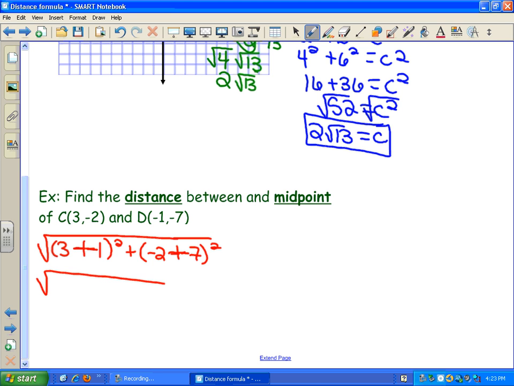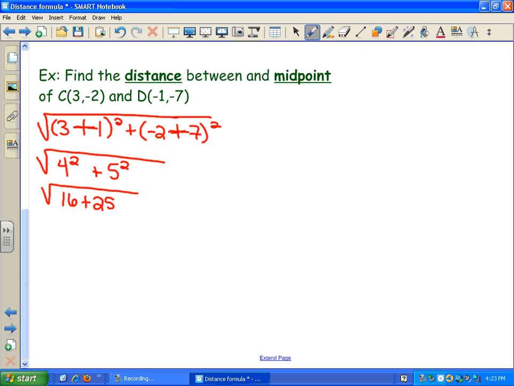Well, 3 plus 1 is 4 squared plus negative 2 plus 7 is 5 squared. Well, this is going to be the square root of 16 plus 25. And 16 plus 25 is going to be the square root of 41. I can't break down 41 because it's a prime number. So there is my distance.